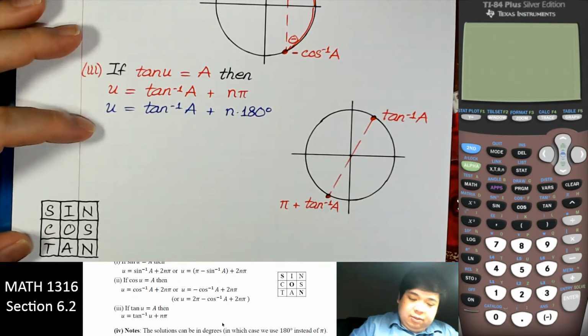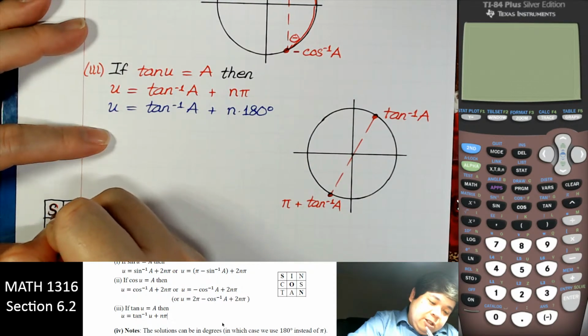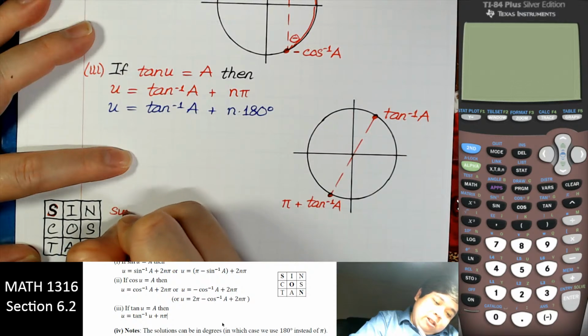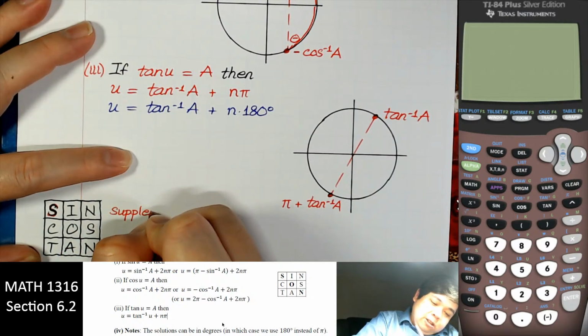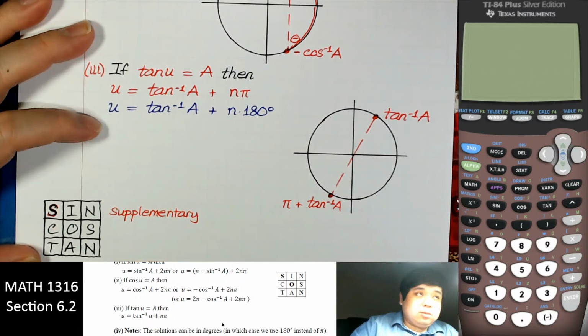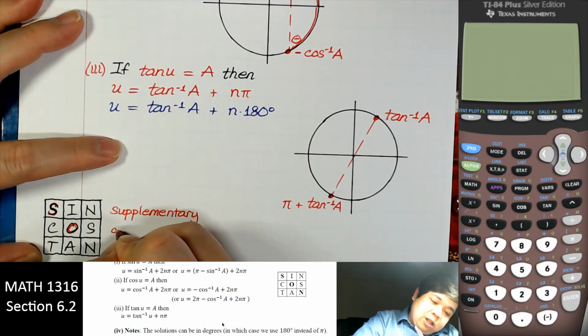So for sine, it is supplementary. Cosine is opposite.